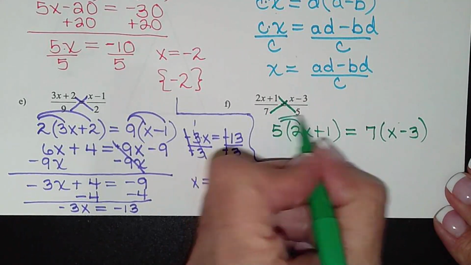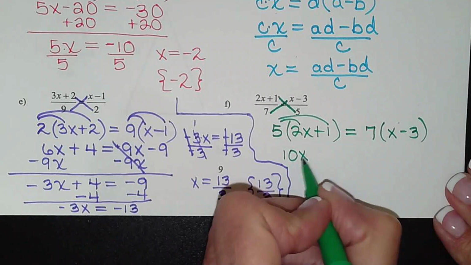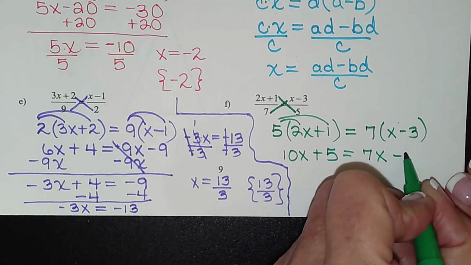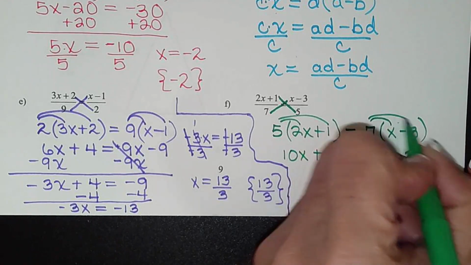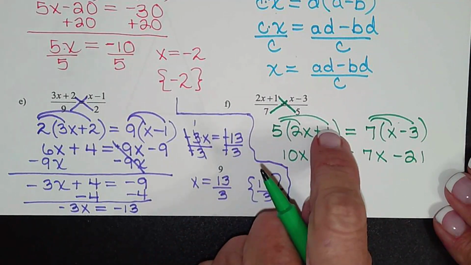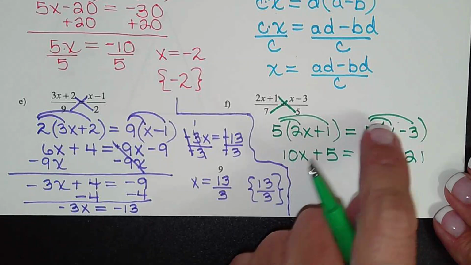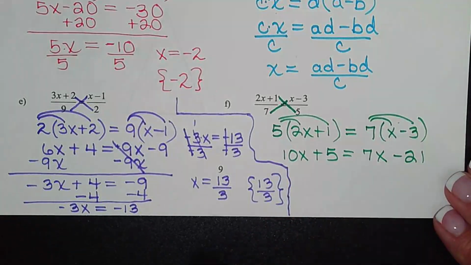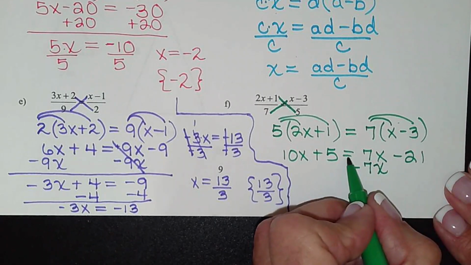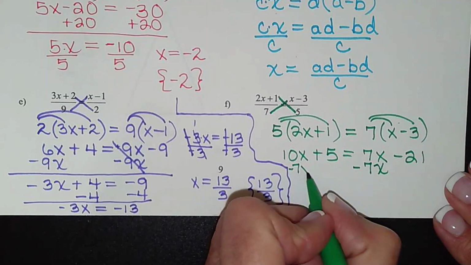So this will give us 10x plus 5 equals 7x minus 21. And always use the parentheses so you don't accidentally forget to distribute to both terms inside. And then we do the process. X's move to the left, so do the opposite since you're crossing the equal sign.